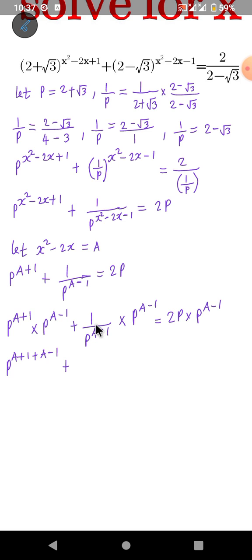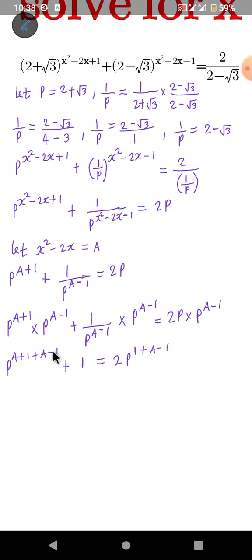Now 1 all over P raised to the power of a minus 1 times P raised to the power of a minus 1 will give me 1, since we divide this. Then all equal to, we have this 2 here, we'll say 2, then P. This P is raised to the power of 1, so we'll say P raised to the power of 1 times, we turn to plus, so here will be plus a minus 1. Then we'll continue again.